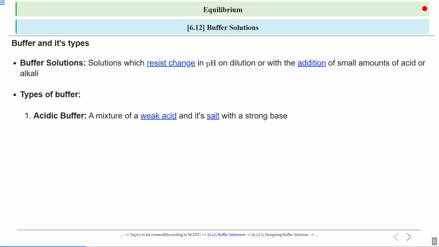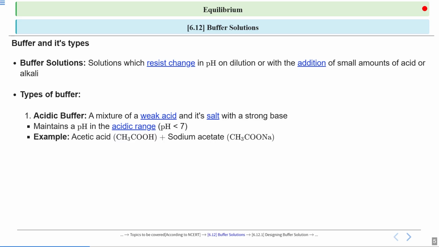It will resist the pH change, and in both the cases, either you are taking acidic buffer or basic buffer, it will resist change in pH on addition of acid and base both. So individually both of them are capable of resisting the change in pH on addition of acid and base. The only thing is that this acidic buffer keeps the pH less than 7, right?